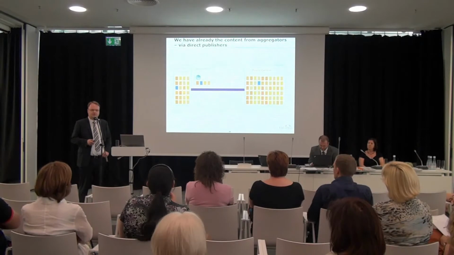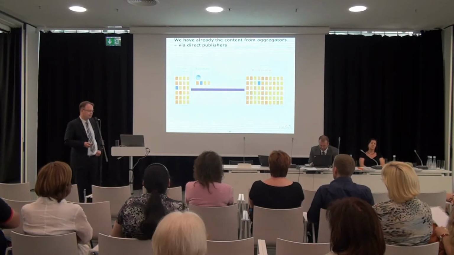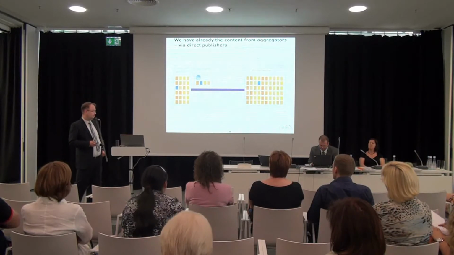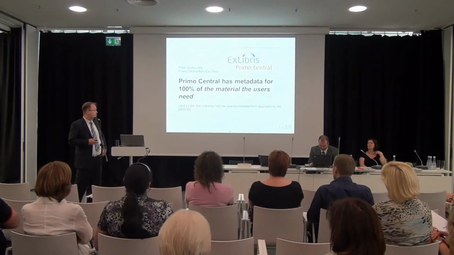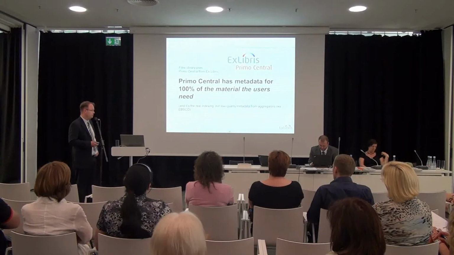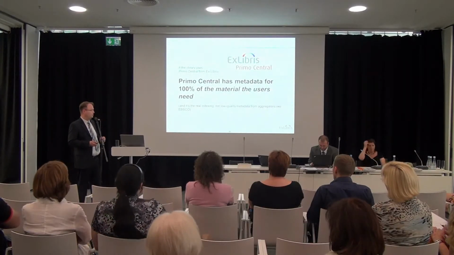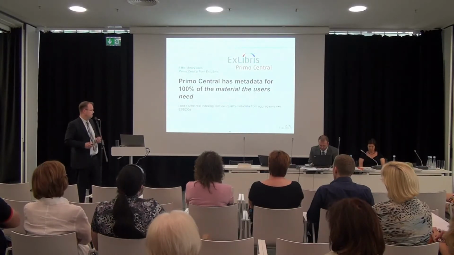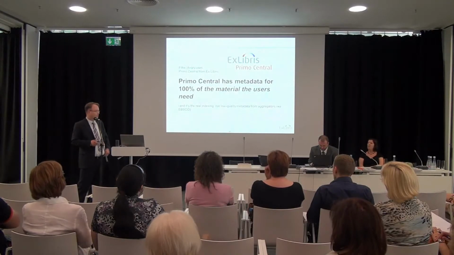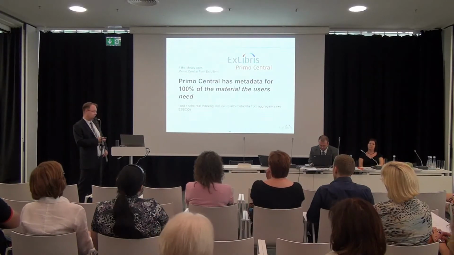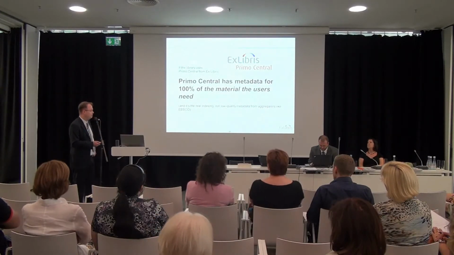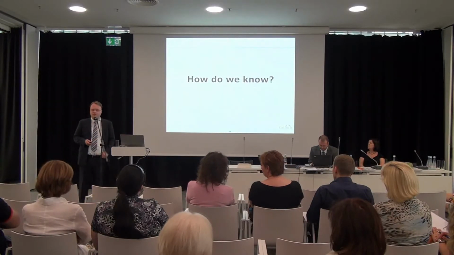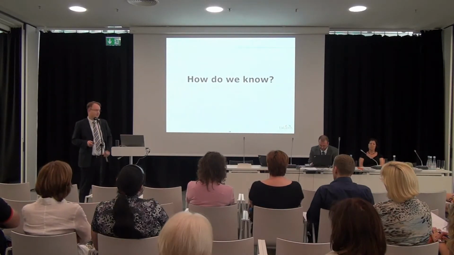Aggregators just buy that from the direct publishers, and I think that's the best source to collect metadata and to include metadata. So if you use Primo Central, you can really be sure that you have 100% of the material your users need, and it's not no quality metadata we provide. I think it's important to mention over here, but how do we know? That's something all can do on the slide.